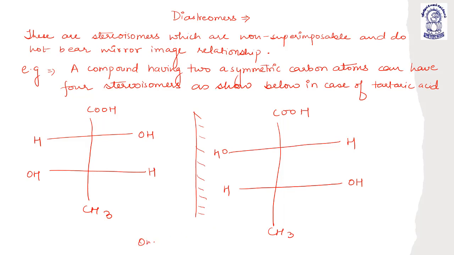So this is one pair of enantiomers you can see. In the same, we can draw a second pair of enantiomers. You can see these two are the mirror images. Now, the same example.